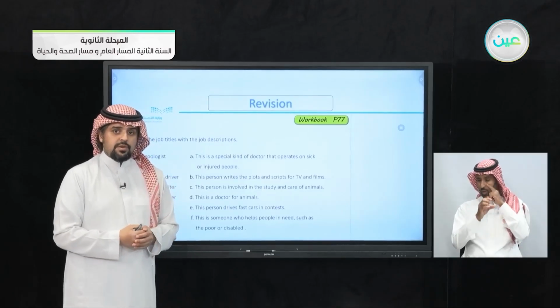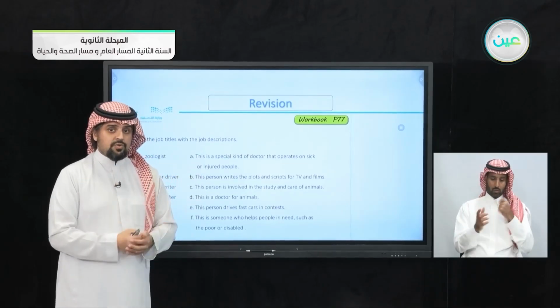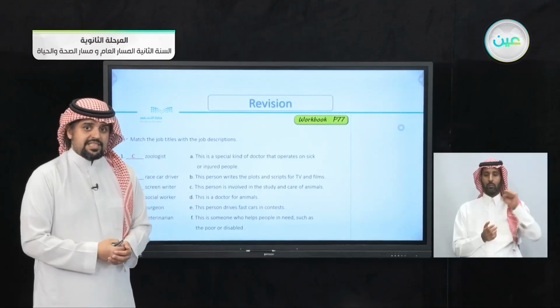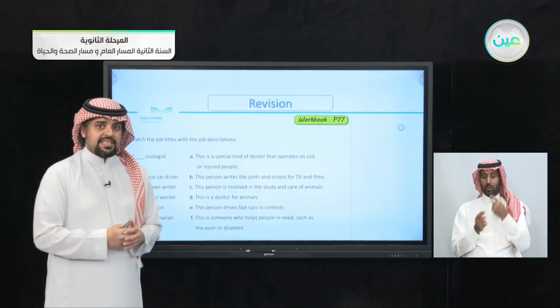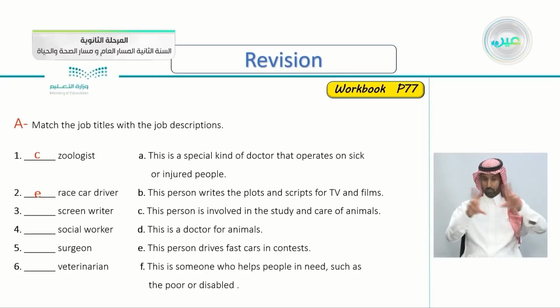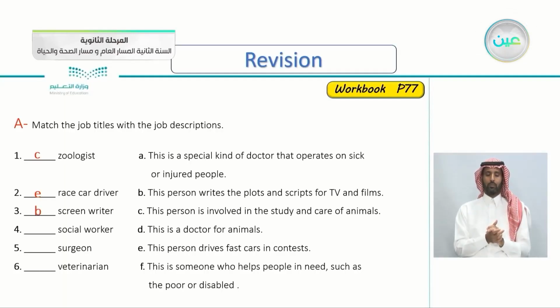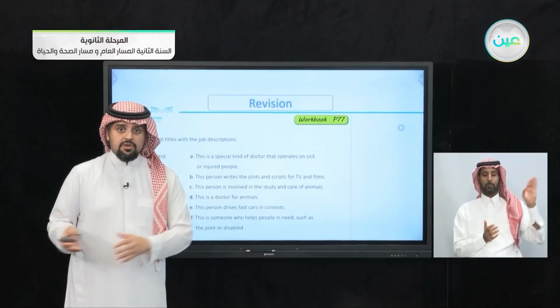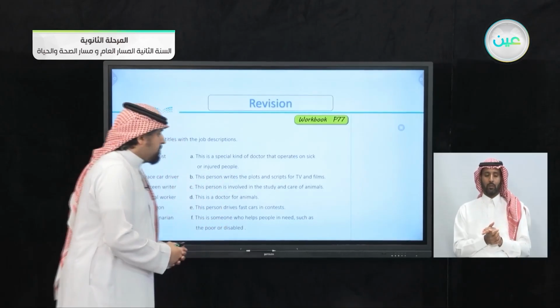So what does a screenwriter do? This is a profession. He writes something. What is it? Can you guess? Okay, let's see the answer here together. It's letter B. This person writes the plots and scripts for TV and film. So a screenwriter, he writes the story, the plot or the script for a TV series or even a movie.